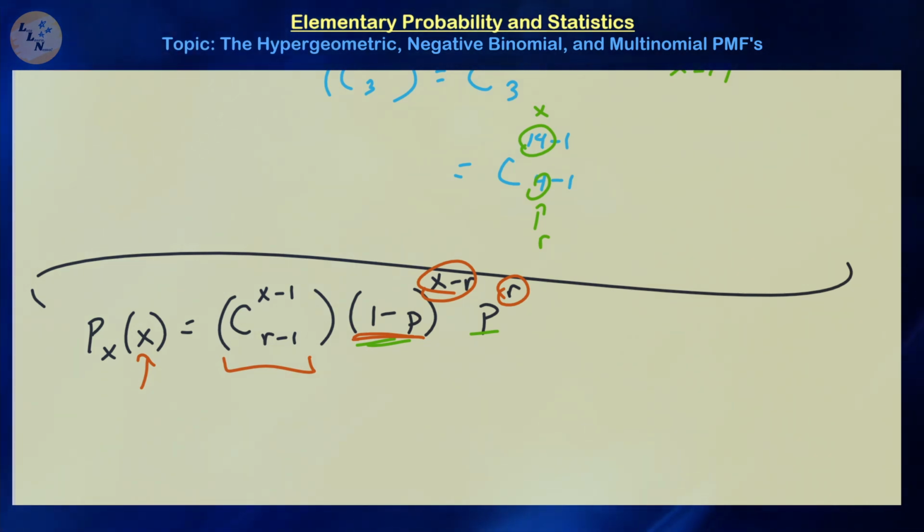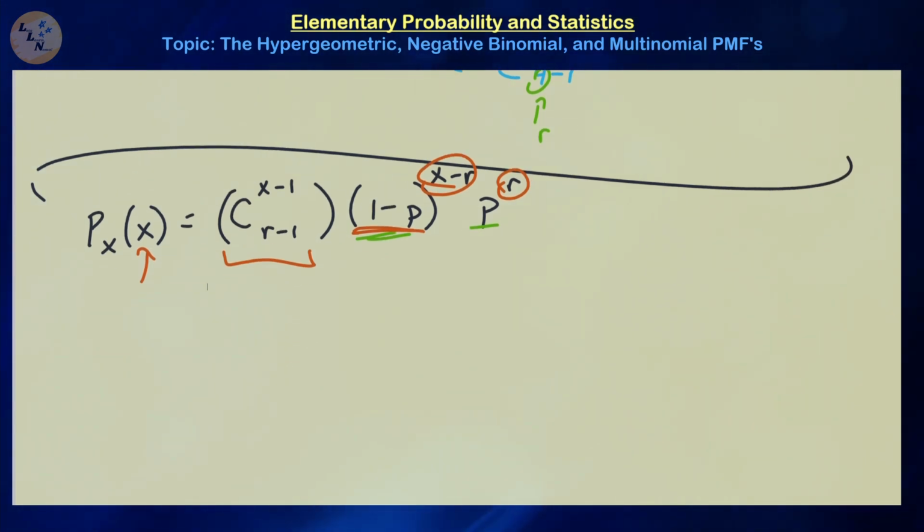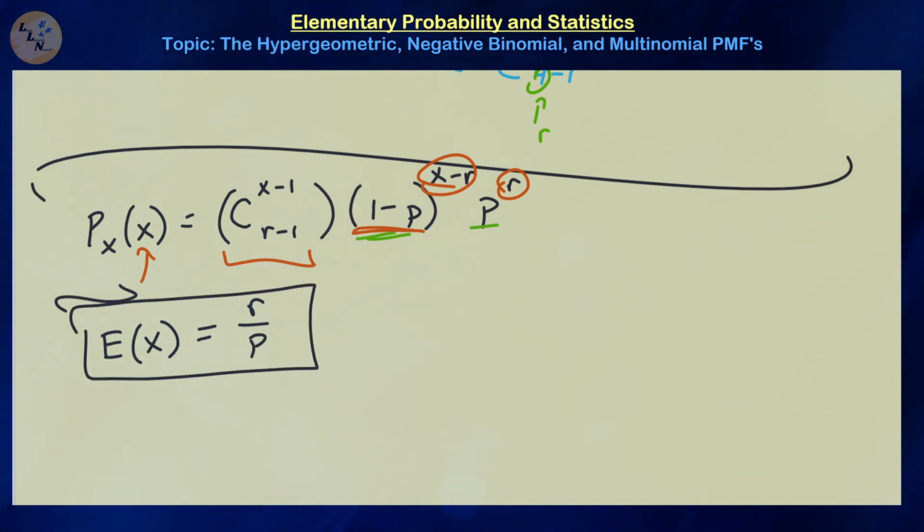So this is the negative binomial distribution, and of course it has an expected value formula. The expected number of trials until you get r successes, where r is the number of successes you want and p is the probability of success, is equal to r over p. And if you remember the expected value formula for the geometric distribution, that was just 1 over p, right?